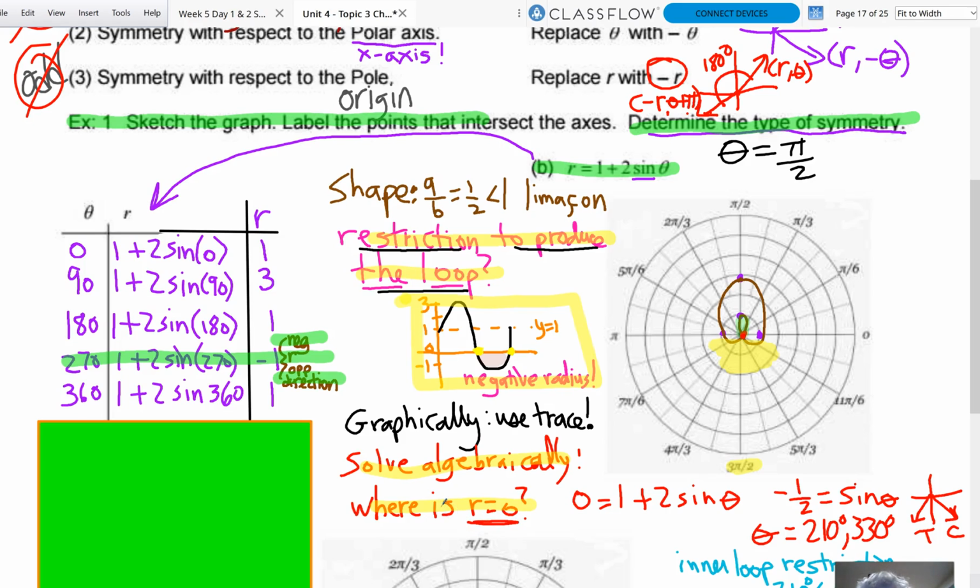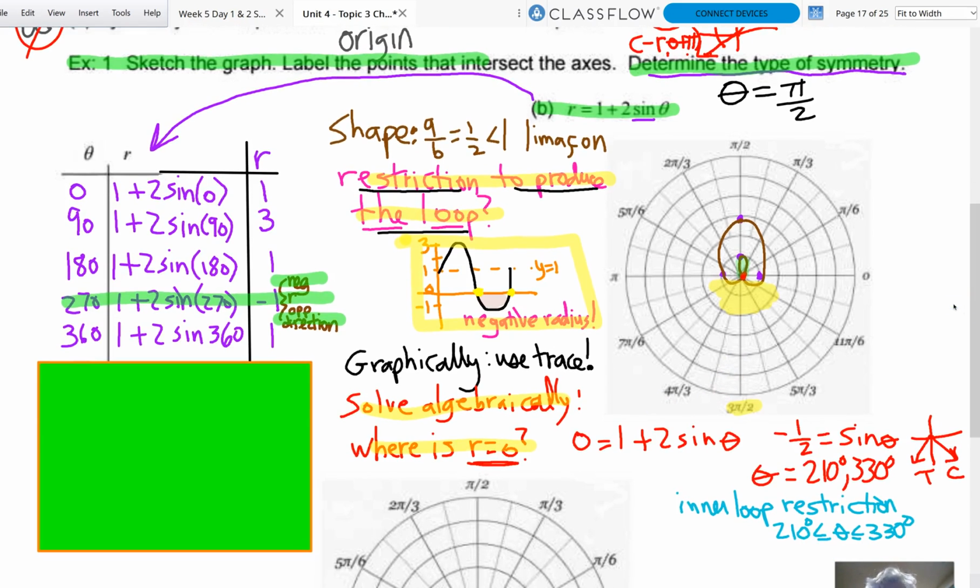So if I'm solving, I set my equation equal to 0. R equals 1 plus 2 sine theta. I get sine theta equals -1/2. And as I know from trigonometry, because this is tying everything together, that's in the third and fourth quadrant. It's where theta equals 210 and where theta equals 330 in the fourth quadrant. So my inner loop restriction using algebra would be between 210 and 330 is where you form the inner loop.